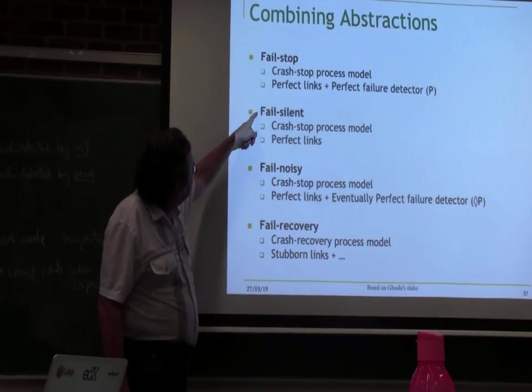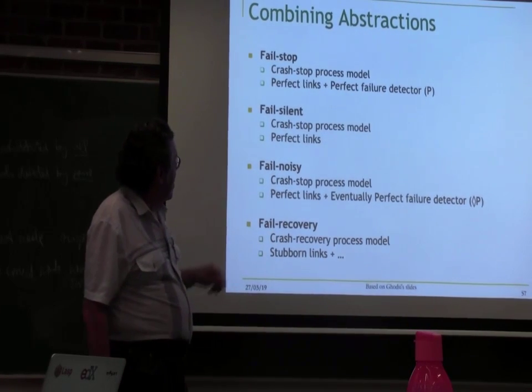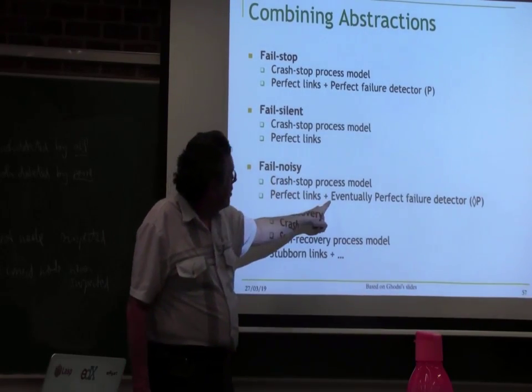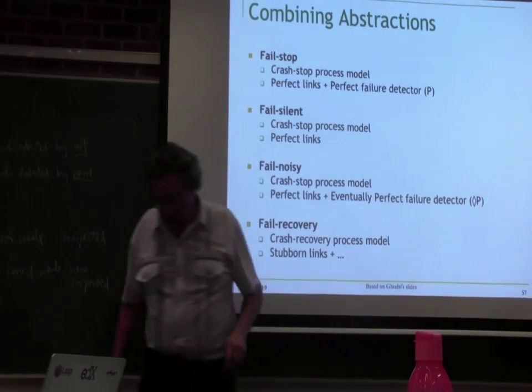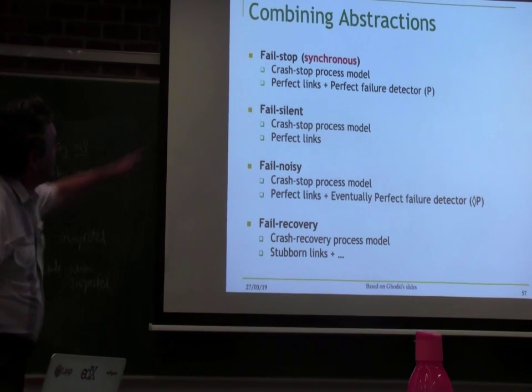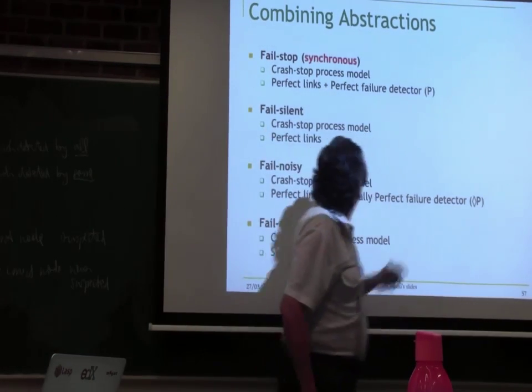Fail silent means you have crash stop but you have no failure detector. And fail noisy means you have crash stop and you have an eventually perfect failure detector. Fail stop is basically synchronous. You have a perfect failure detector.